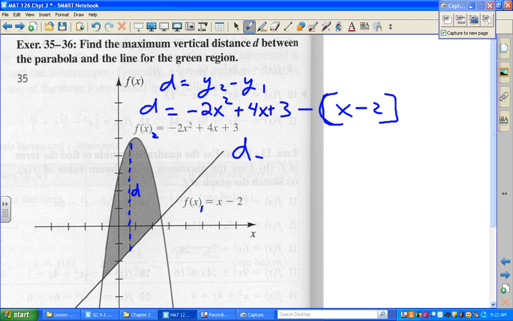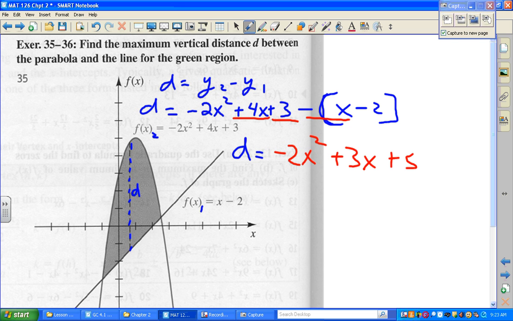So D equals, combine some like terms right here, negative 2x squared. Let's see, you got a plus 4x and a minus x. It'll be plus 3x, and then plus 3 plus 2 is plus 5. A is negative. That's good. Opens down.